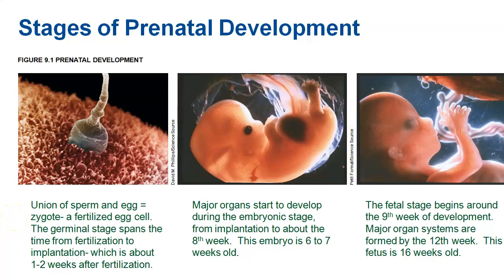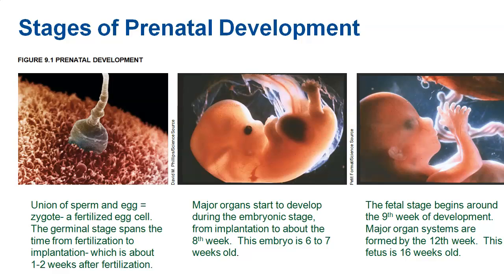There's this germinal stage that goes from the time of fertilization, so conception, to about 1 to 2 weeks afterwards. So that is when we would consider it a zygote. It then goes on into what we'd call the embryonic stage, when it's an embryo. And this goes from about the 1 to 2 week part to the 8th week. The picture that you see here is an embryo 6 to 7 weeks old.